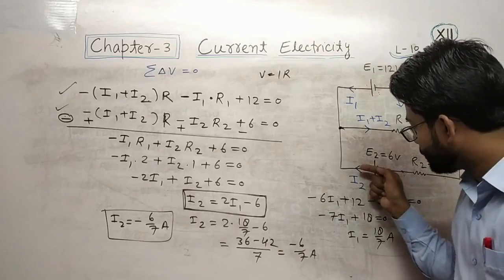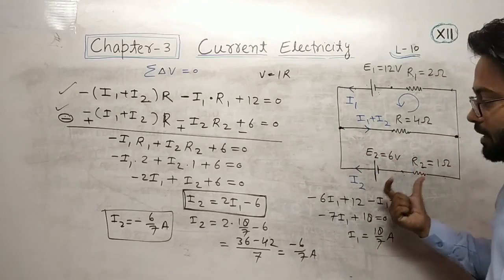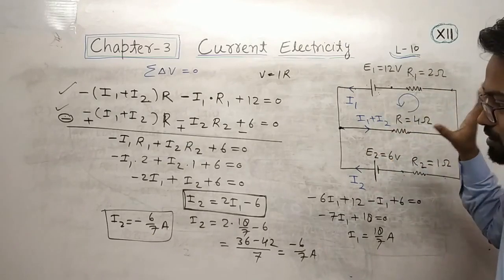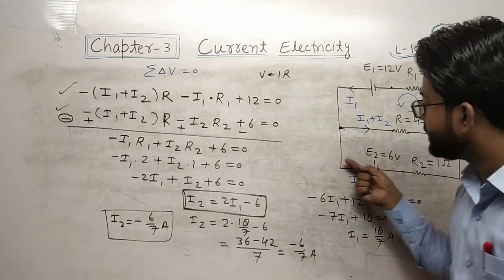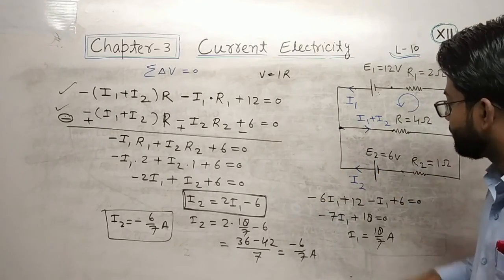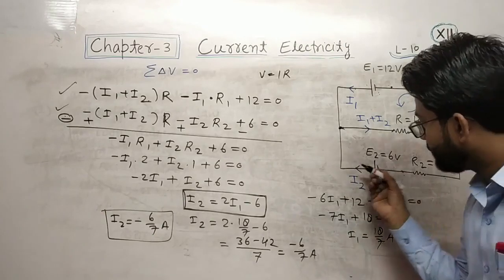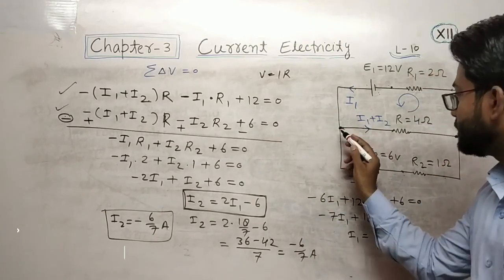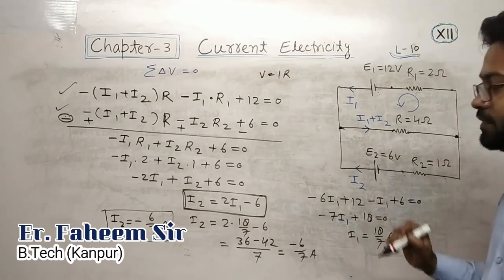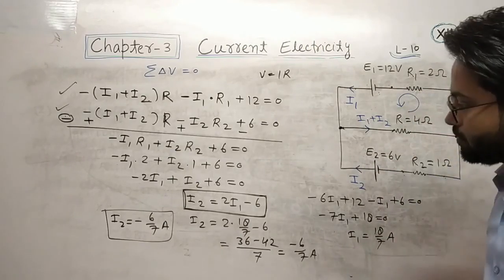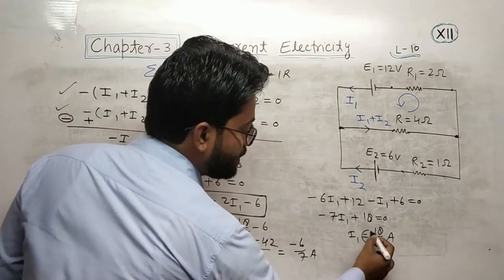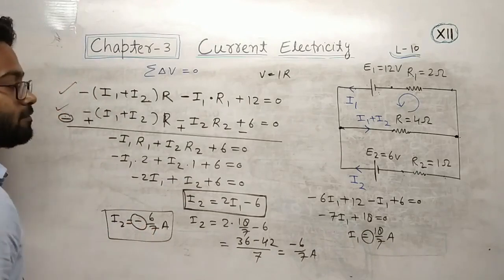We have taken I2 in this direction, but in practice, according to this situation, I2 is in this direction. I hope you understood about this sign. This is positive and this is negative.